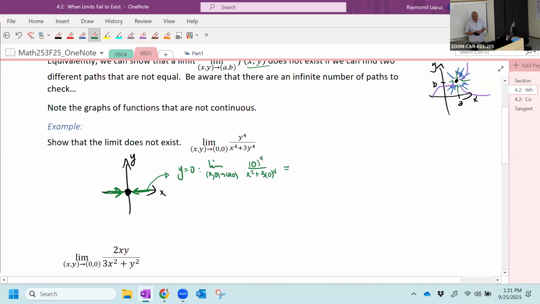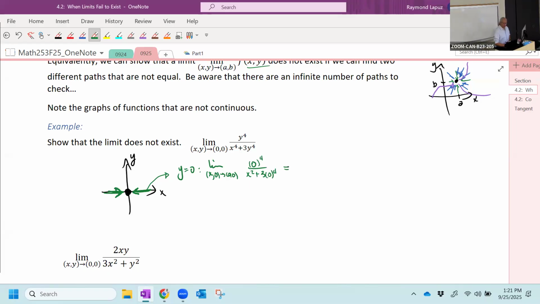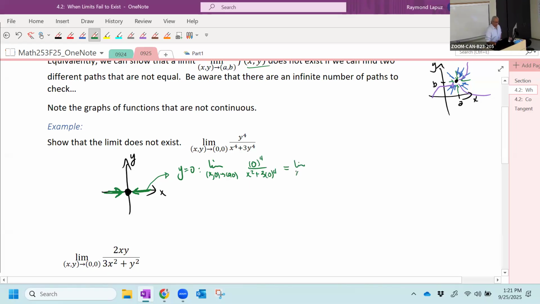And then this is what I have so far, since y was equal to 0. So now I'm going to rewrite the limit. Instead of a limit of two variables going to 0, since y is already equal to 0, this is just a limit as x goes to 0, and we have a numerator of 0 and a denominator of x squared.